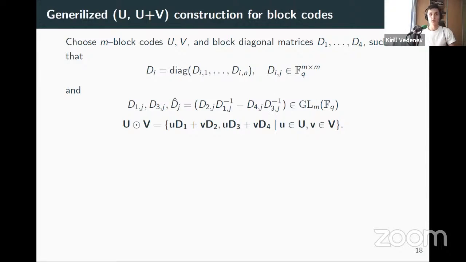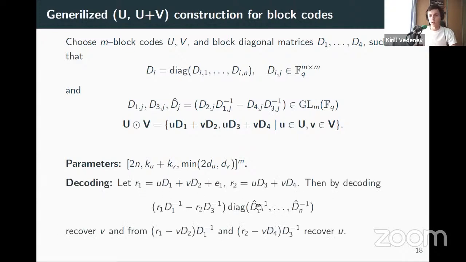Namely, we choose some m block codes and some diagonal matrices, and we can define the product of m block codes as follows. So it turns out that the parameters of this code are known, and the decoding can be performed as follows.